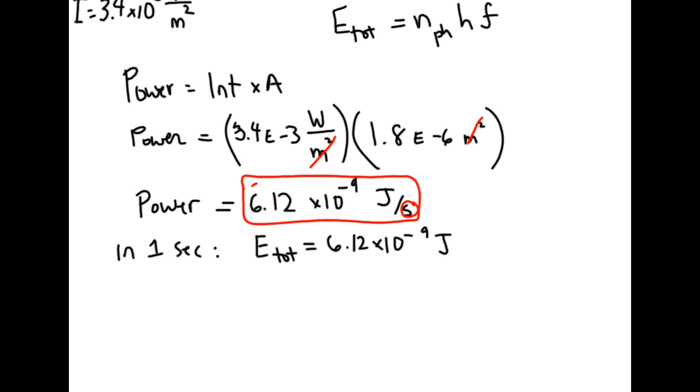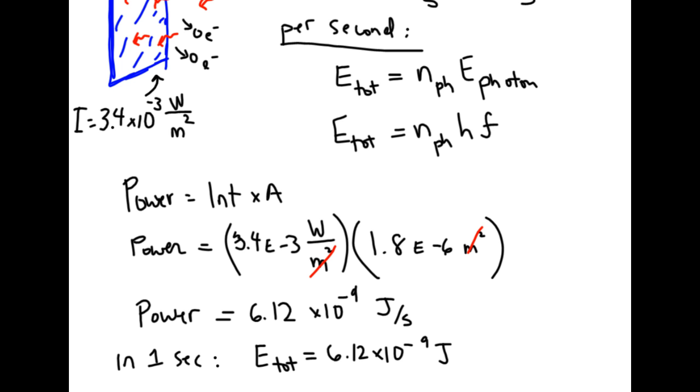Per second, this is the corresponding energy released from the light bulb toward the metal surface. And that is so nice to know, because I can take this value, 6.12, and replace E total with it. That's what we just found. So per second, what we have is 6.12 e negative 9 joules.